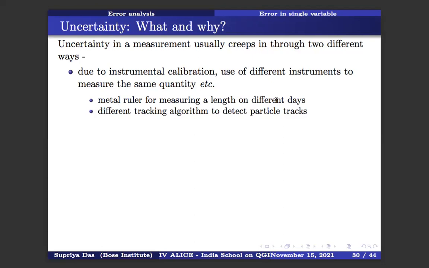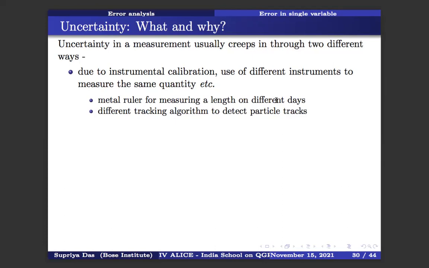Okay, but then you can imagine that if the temperature is shifted in one way only, from winter to summer, the length has increased. So if you measure a length 100 times in Geneva, and you measure the same length 100 times in Jaipur, then all 100 measurements will be shifted in one way, right?